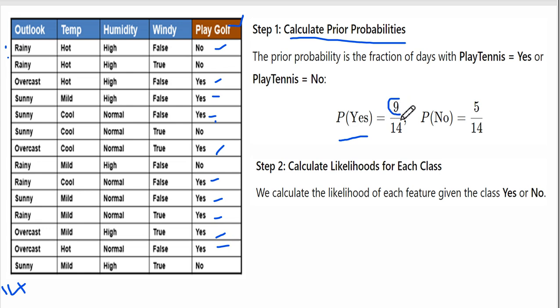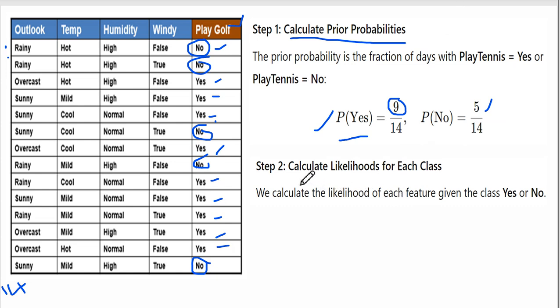That's why 9 by 14 is the prior probability of yes. Likewise, we find the probability for the no class. No class: 1, 2, 3, 4, and 5. We have 5 records with no class. That's why 5 by 14 is the probability for no. Clear? That's the first step.